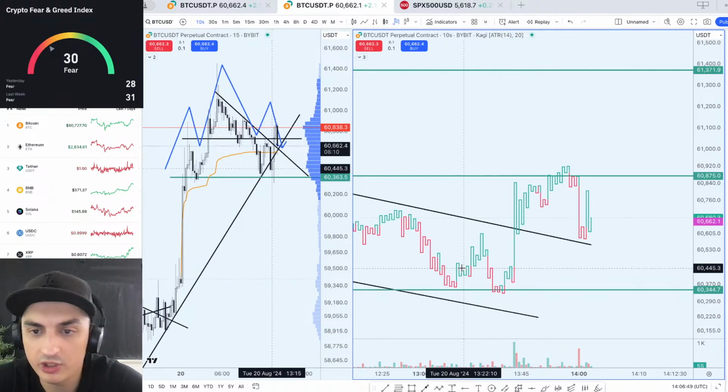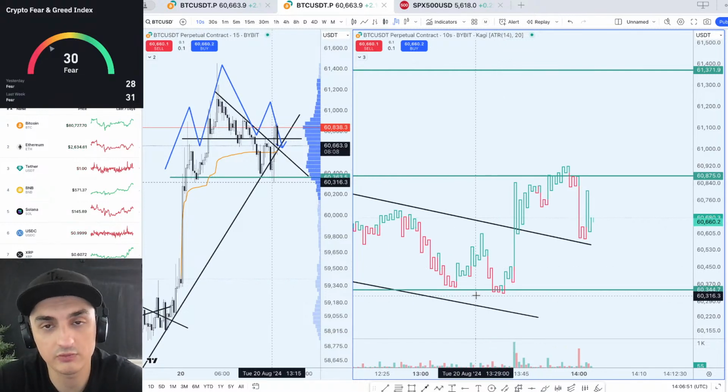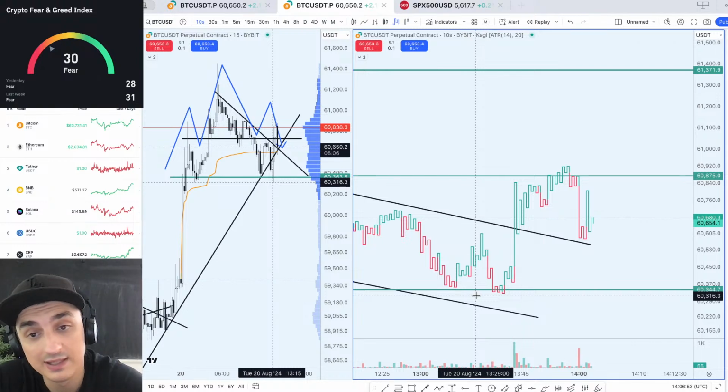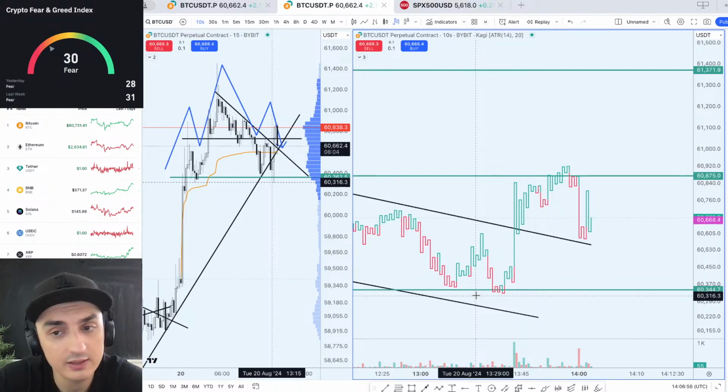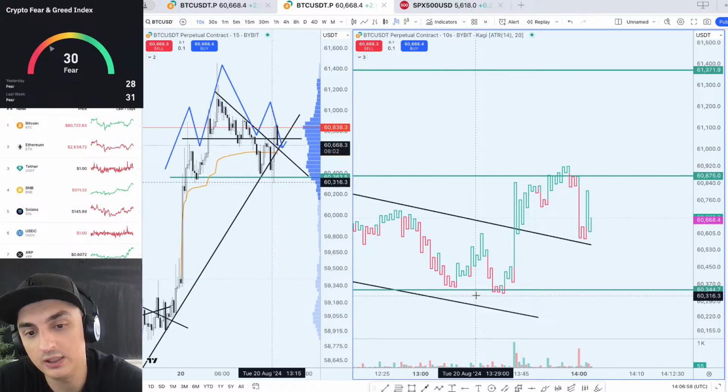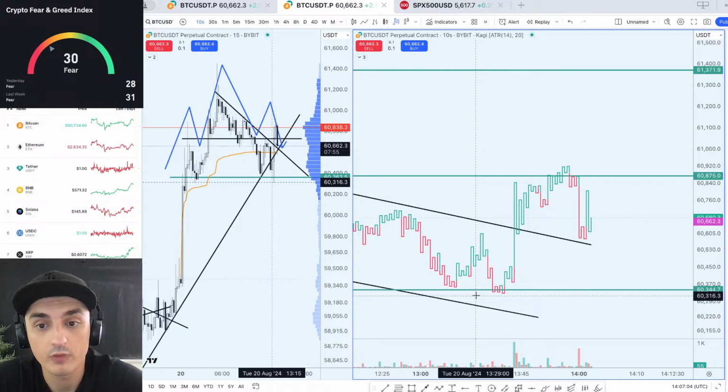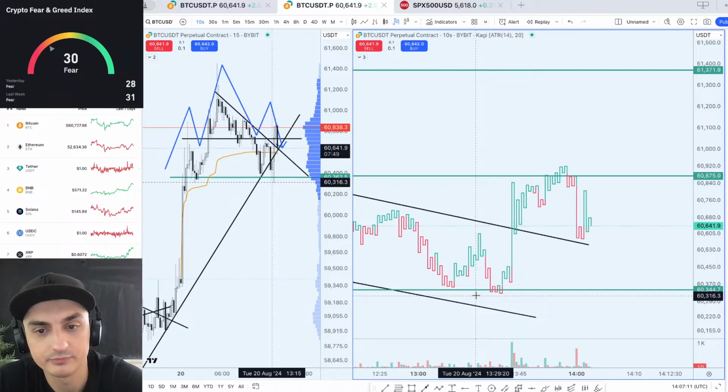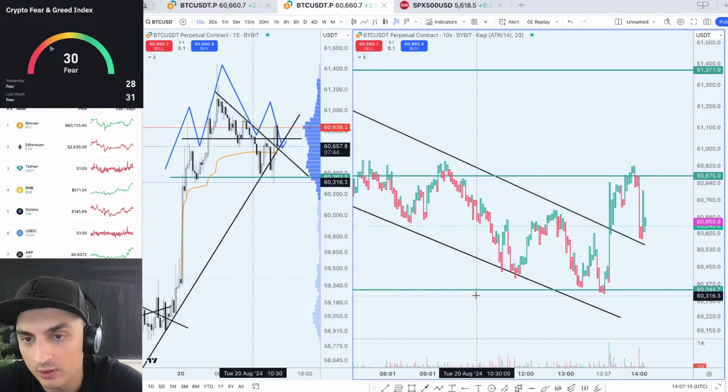Once again, I'm not a range bound market trader. Sometimes some people do really like range bound markets and they make really good trades over them. I don't have confidence in range bound markets, so that's why I'm not trading this one. I'm getting some mixed signals from it.